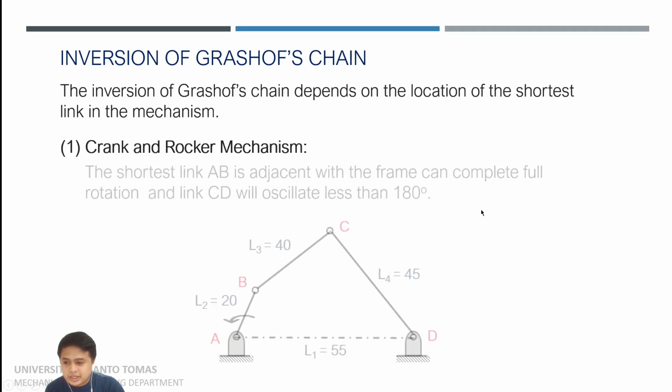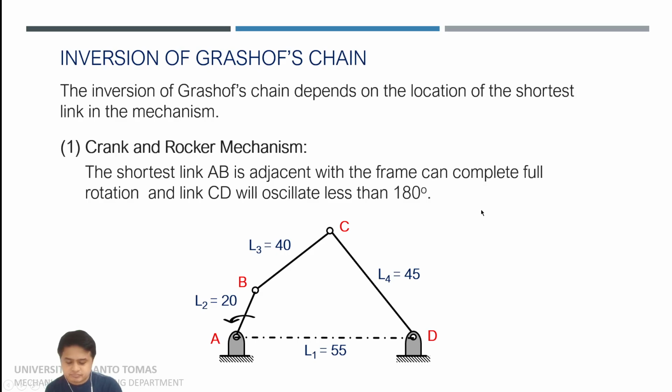The thing that you have to understand here is that, to really spot if this is a crank and rocker mechanism, you have to first verify if it is a Grashof chain. If it is a Grashof chain, you should check the shortest link only. The shortest link should be adjacent to the frame.